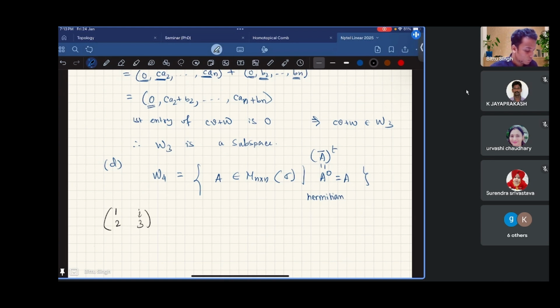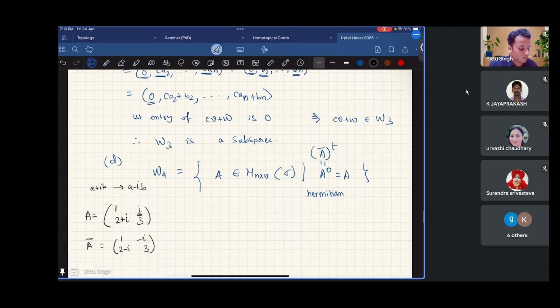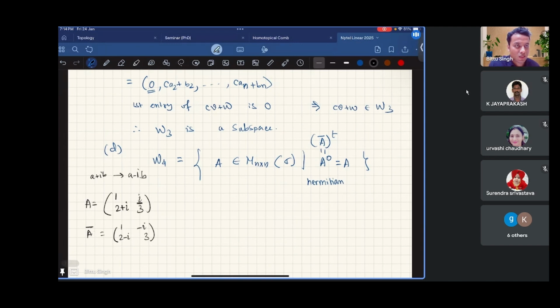So what will be A bar? This is A, then A bar is obtained by just applying conjugation. Conjugation means replace a plus ib by a minus ib, right? So 1 becomes 1. Here it is 0 plus i, therefore it becomes 0 minus i, that is minus i. Here it will be 2 minus i, here it will be 3. But again we need to do the transpose.